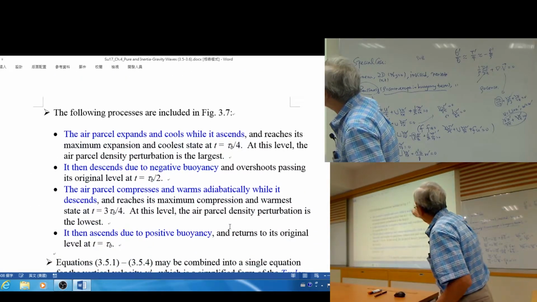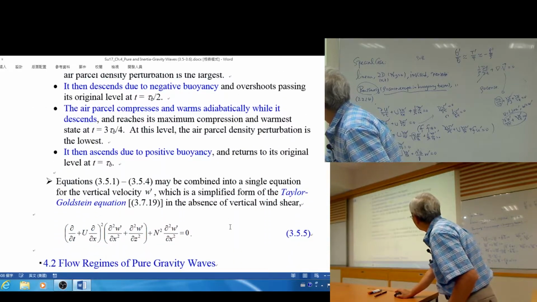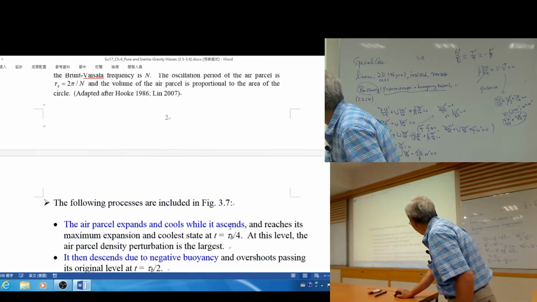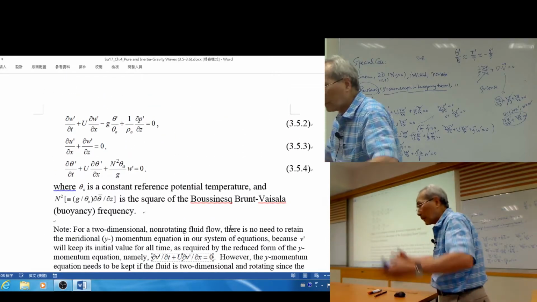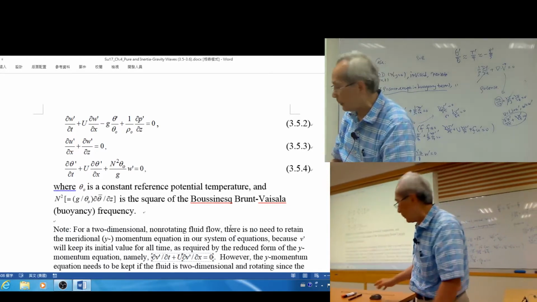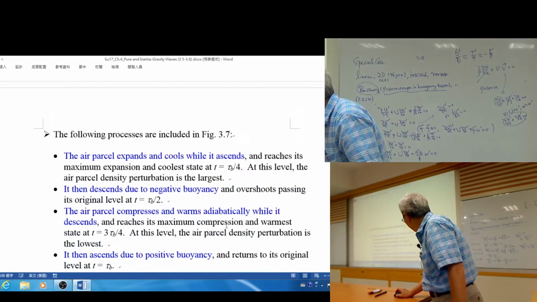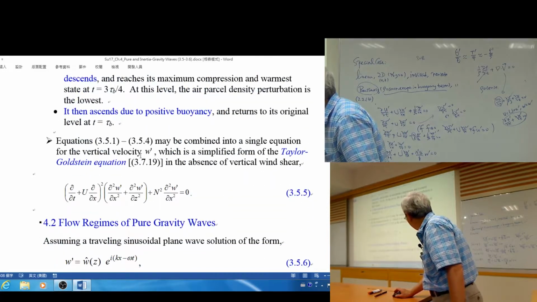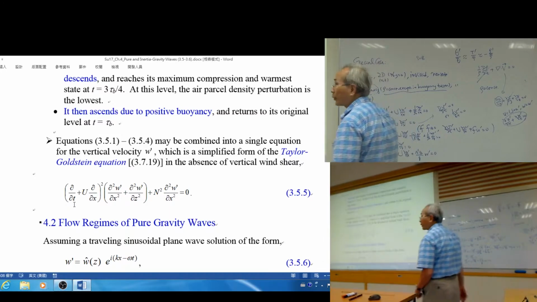Okay, so I think I already explained this. So then these four equations can be combined into an equation for w prime. And that equation is called the Taylor-Goldstein equation.